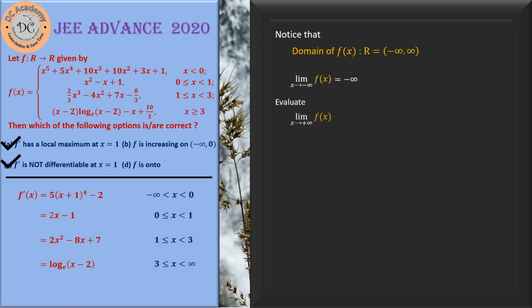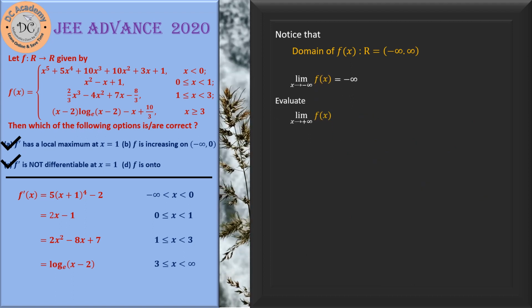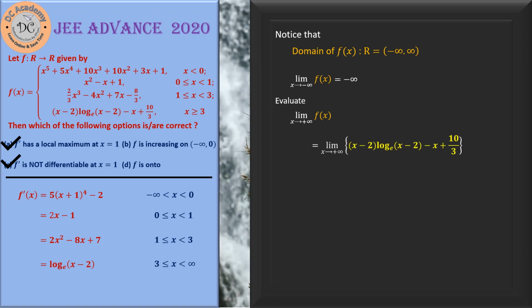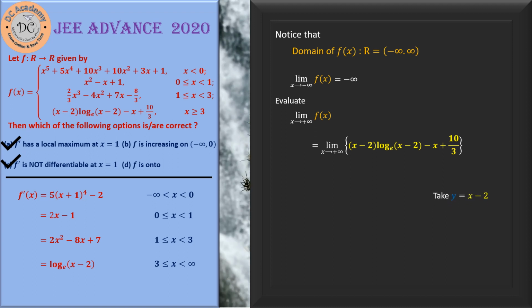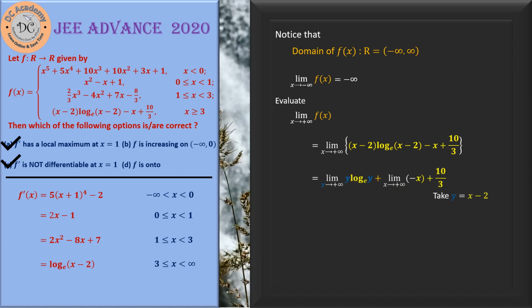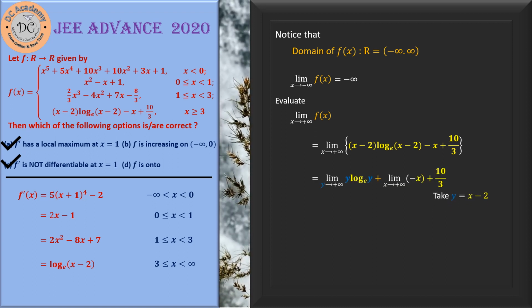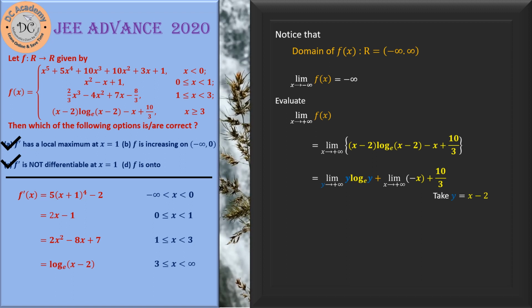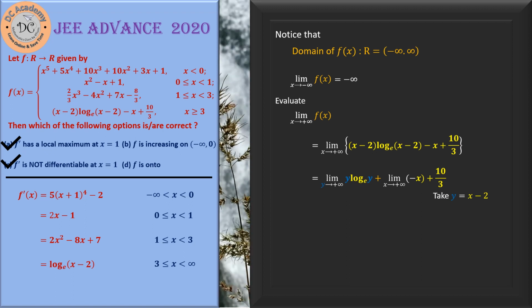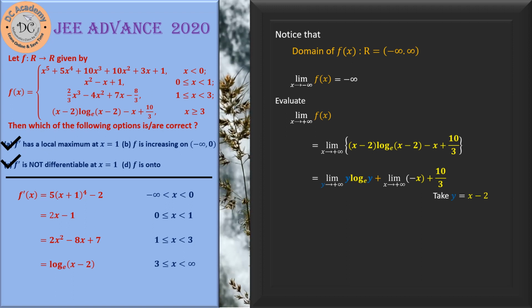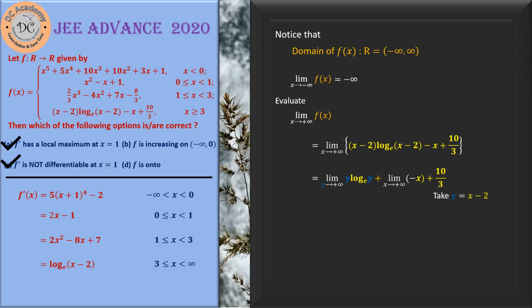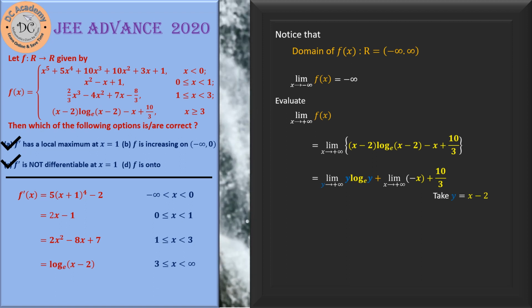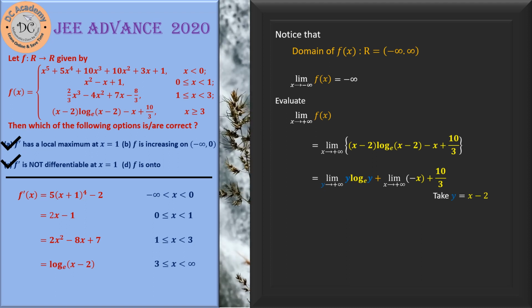Check the behavior of the function if x tends to plus infinity of f x. In that particular case, we need to apply the limit. Now here we take y equal to x minus 2, which gives that y tends to plus infinity, y log y minus x plus 10 by 3. That's it. Now notice that here we have log y, and minus x. As x tends to plus infinity, minus x is linear, so its value will decrease steadily.